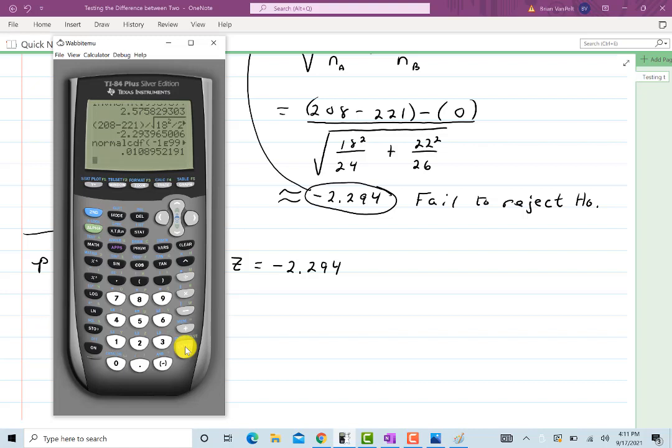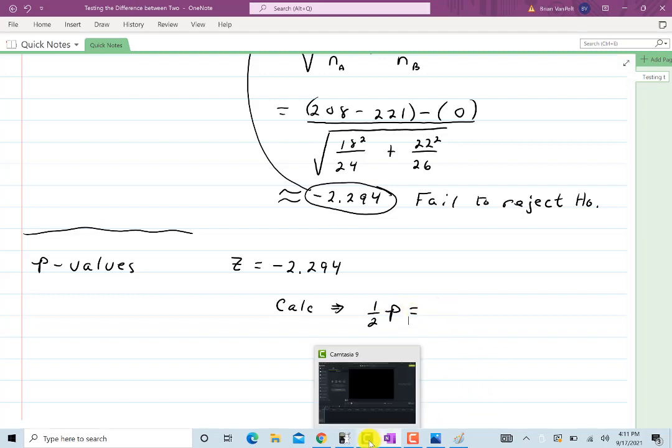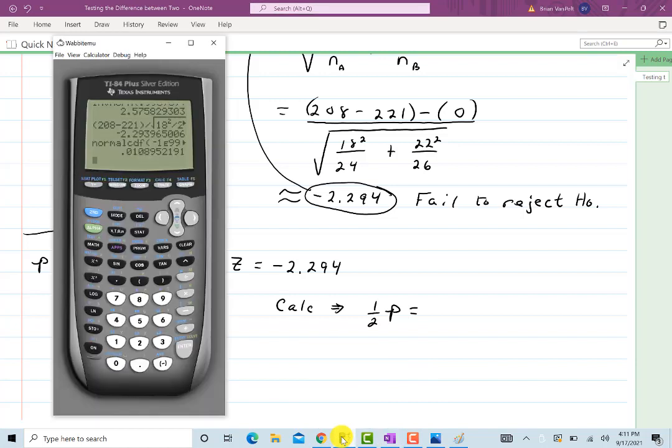Here I get 0.0109. So remember though, this is a two-tailed test. So what the calculator is giving us is that 1/2 of p equals the number that I just quoted you. I don't need a huge amount of decimal places, so I'll just grab a few. 0.0109, I'll go with that.